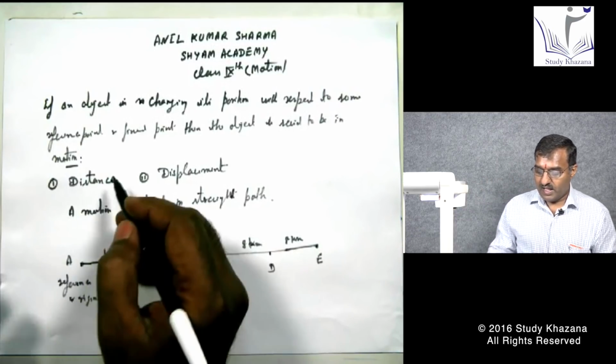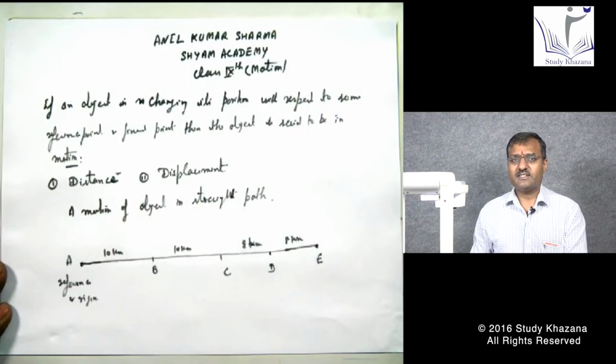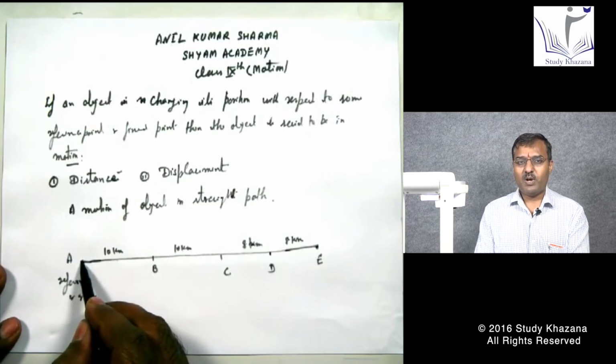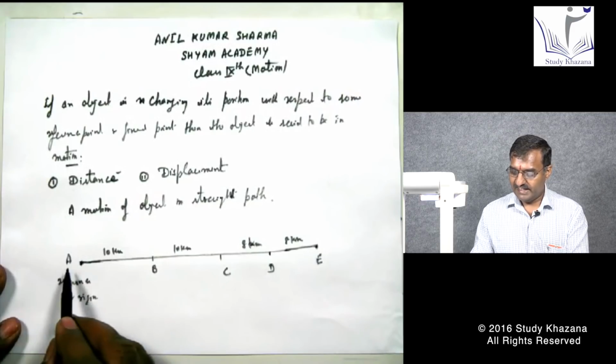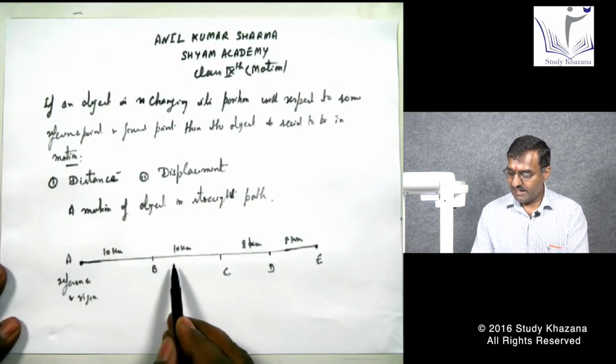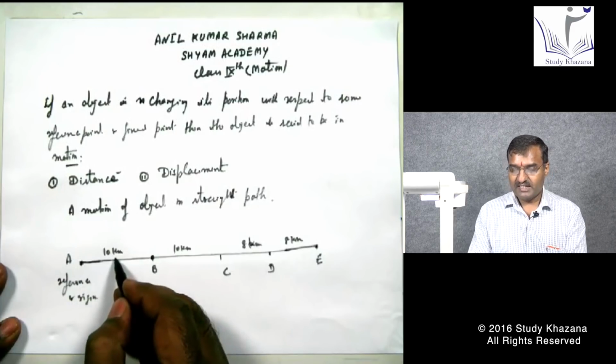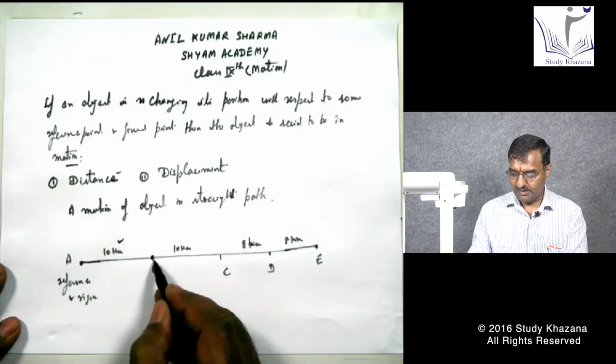Now how to define distance? If a person is starting from the point A and he is traveling in this straight direction, when he reaches point B, he will cover a distance of 10 kilometer.